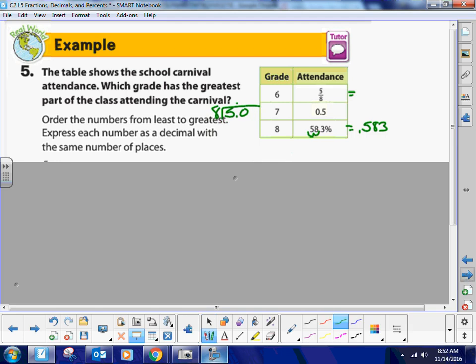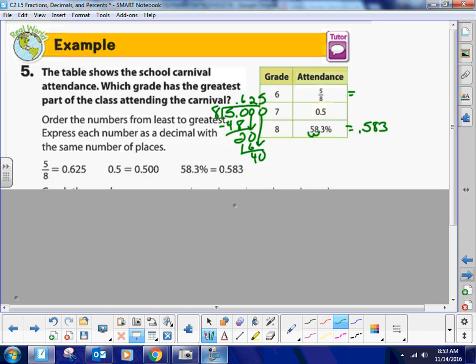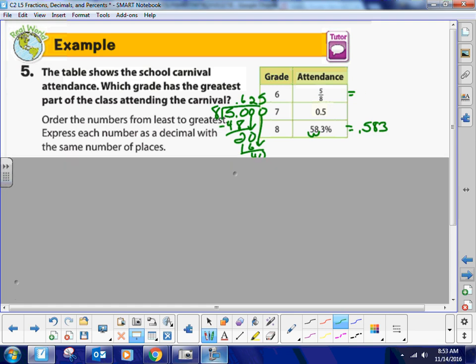It's what, 6 for 48. Got 2 left over. Bring down the 0. That goes 2 times for 16. You finally get your 4, which is what you're looking for. And then that goes to 5, and that's 40, and that's 0. So 625 thousandths is what that is.